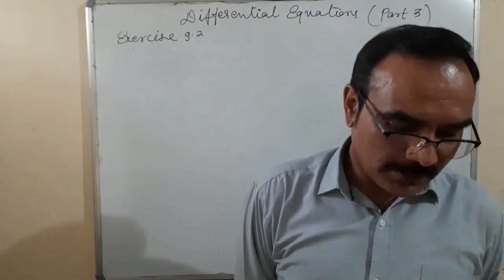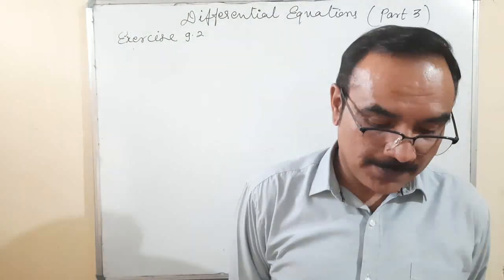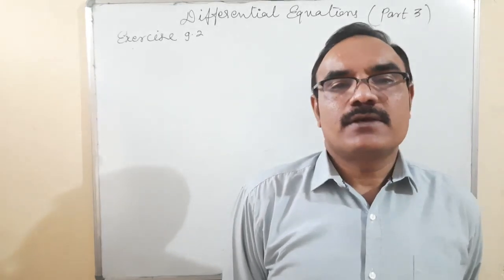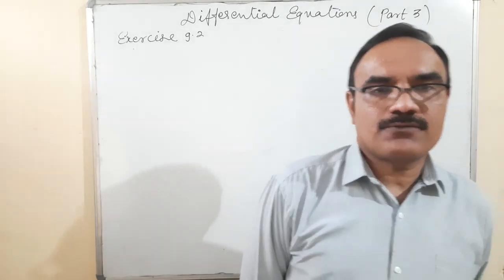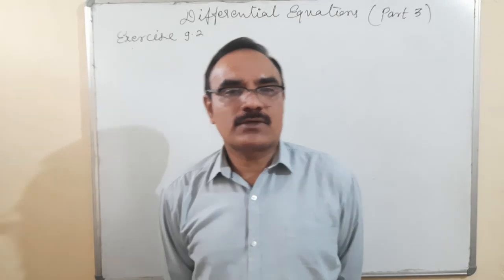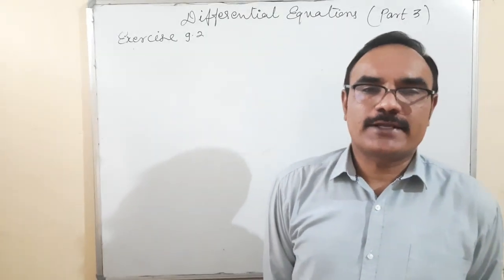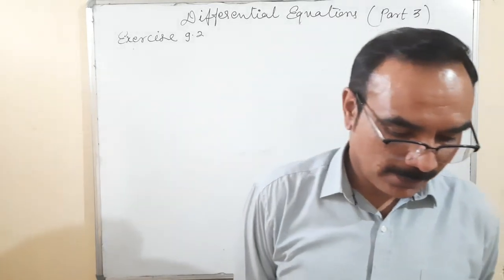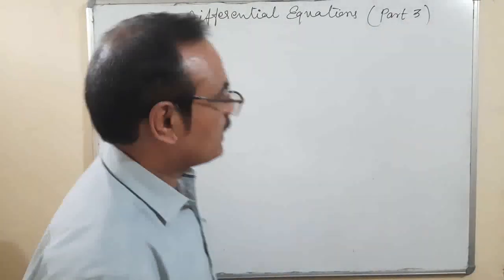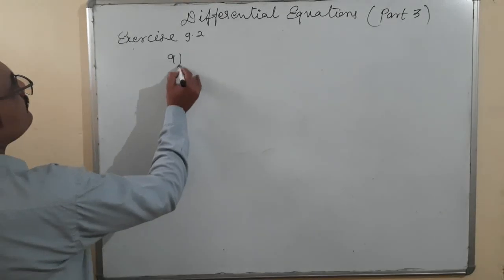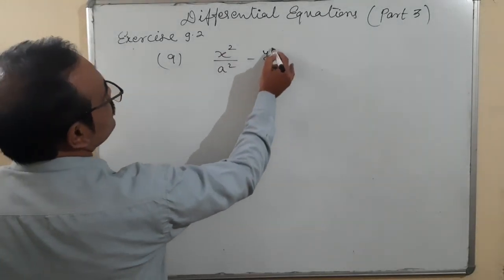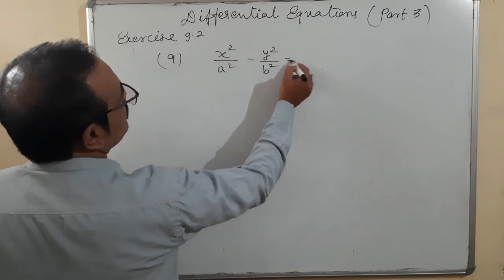And ninth question, form the differential equation of the family of hyperbola having the foci on x-axis and center at origin. So simple, this is the general equation of the hyperbola. X square upon a square minus y square upon b square is equal to 1.